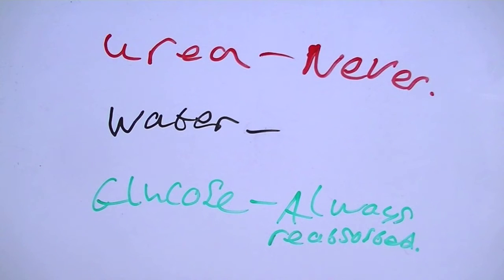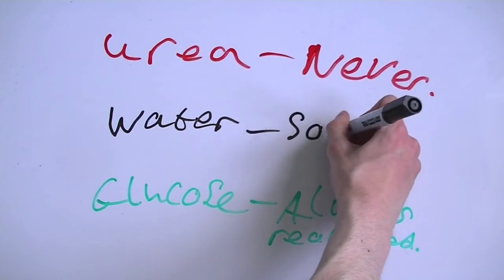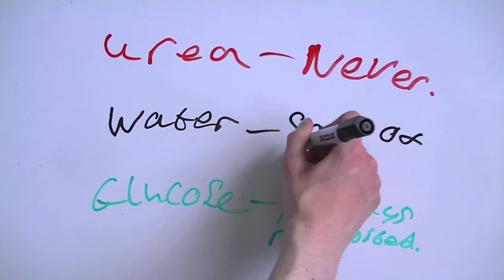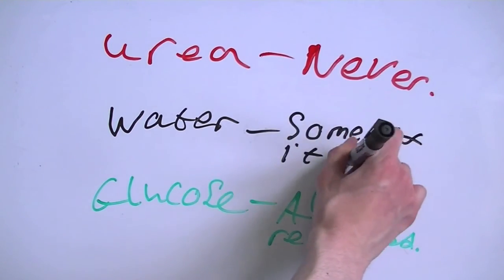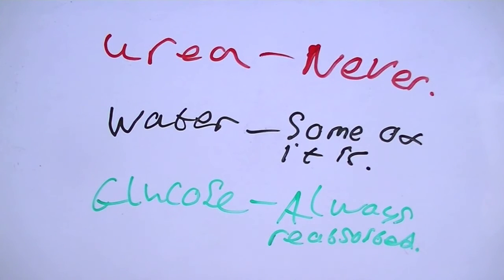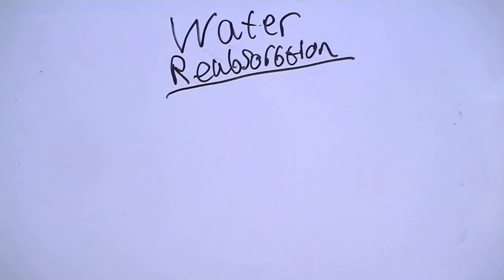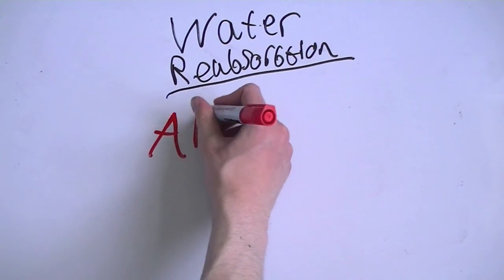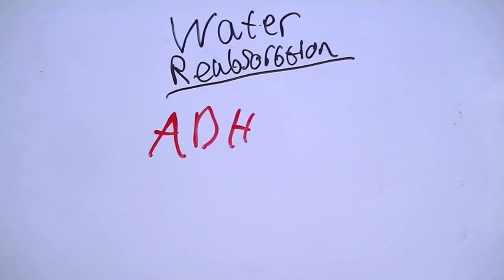So it's never reabsorbed. Okay, now water is the more complicated part. Water is sometimes reabsorbed. Okay, so some of it, I would prefer to say actually, some of it is. And I'm now going to explain that to you in more detail. So, water reabsorption. This is controlled by a hormone known as ADH. And this stands for antidiuretic hormone. However, you don't need to know that.